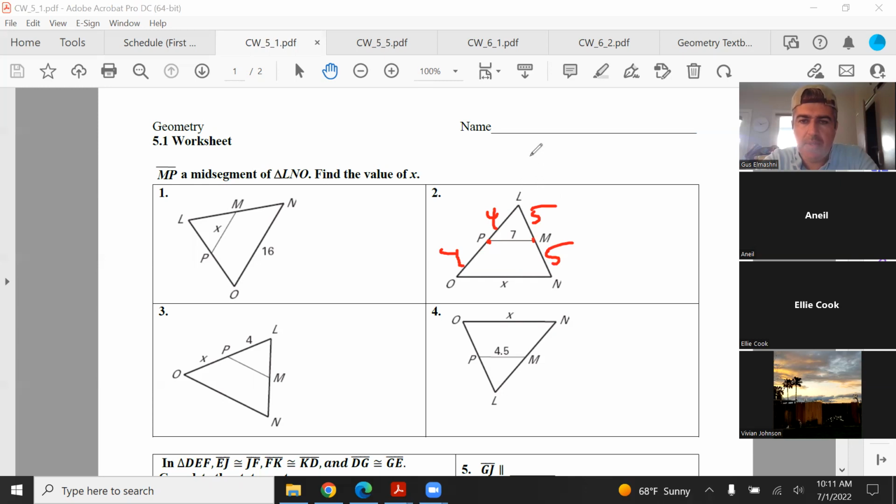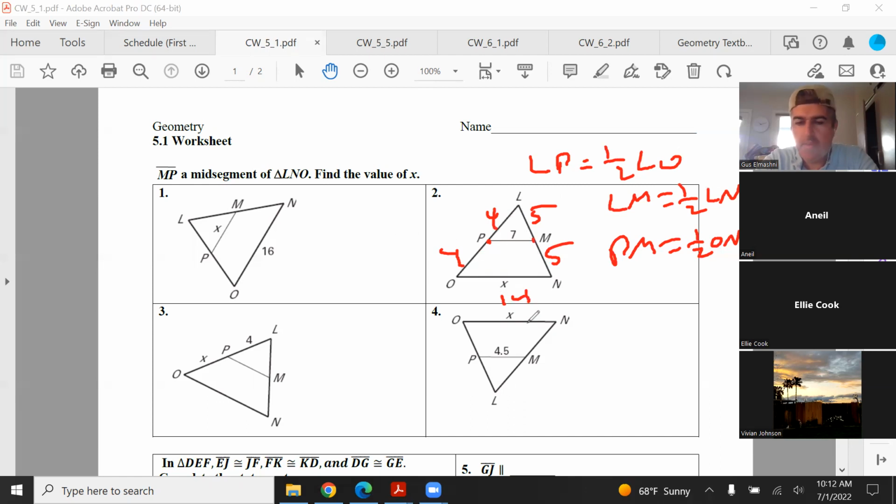And you see how LP is half of LO, and LM is half of LN, right? So we expect PM to be half of ON. And ON is X, that's why X is 14. Hope that makes sense for that one.